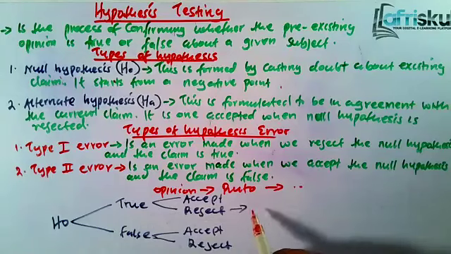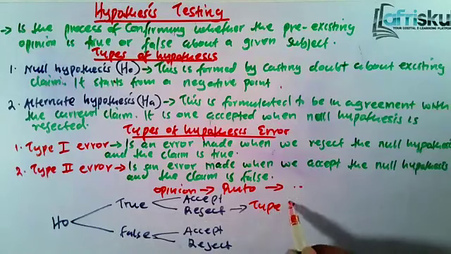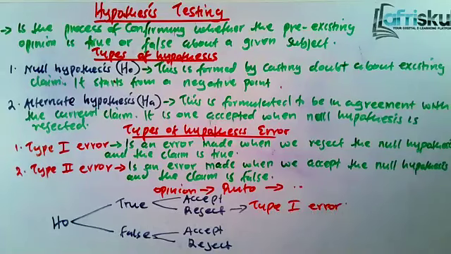That's what we call type 1 error. Also, the null hypothesis can be false, but you decide to accept. That means you are accepting a false hypothesis. That's what we call type 2 error. So that's the difference between type 1 error and type 2 error. Good.